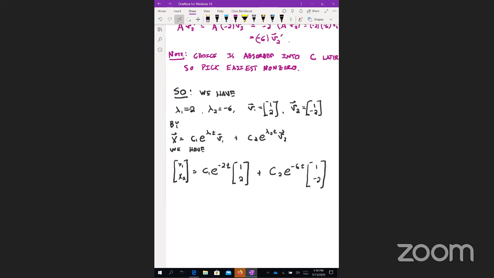And as a vector equation, this is actually just two equations. This is just x1 equals C1 e to the minus 2t times 1, technically, plus C2 e to the minus 6t times 1, technically, and x2 equals 2 C1 e to the minus 2t minus 2 C2 e to the minus 6t.